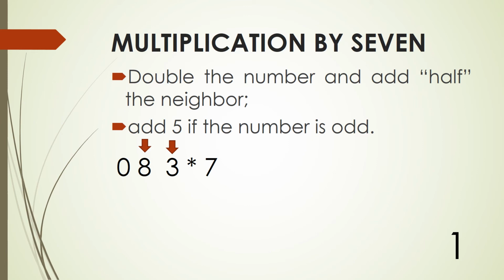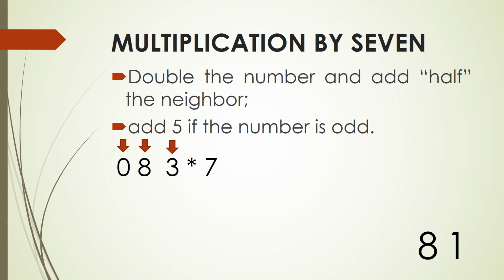We double the 8, it's going to be 16. 16 plus half of the neighbor. The neighbor is 3, so half of it is going to be 1, plus the one that we are carrying. So we are going to add another 1. 16 plus 1 plus 1, total is going to be 18. We write 8 and carry 1.